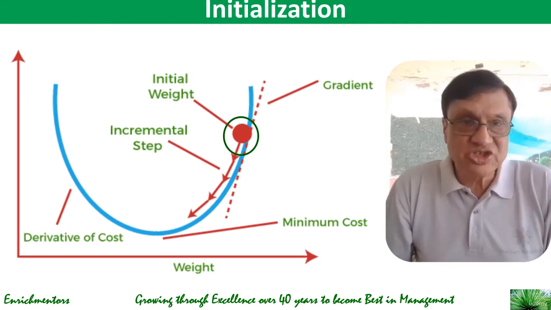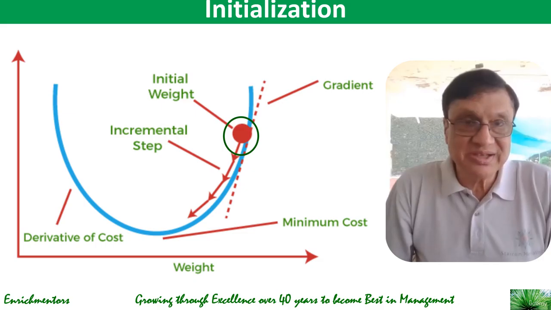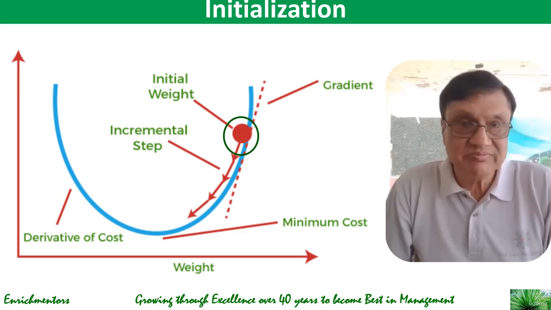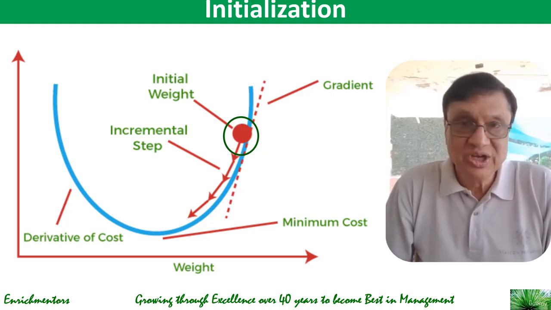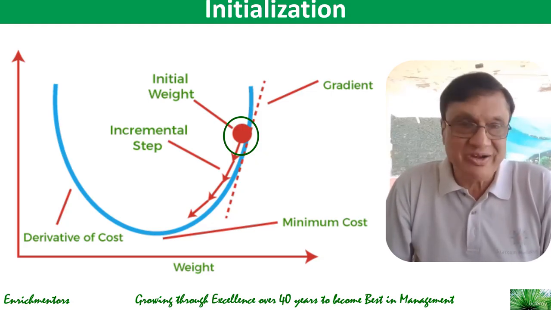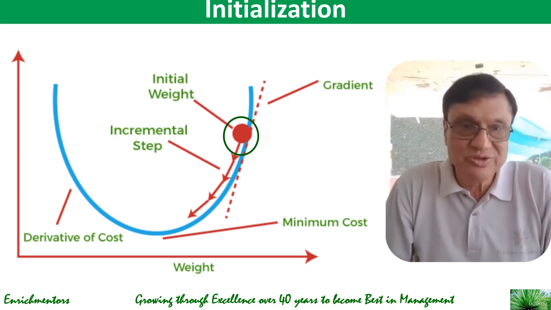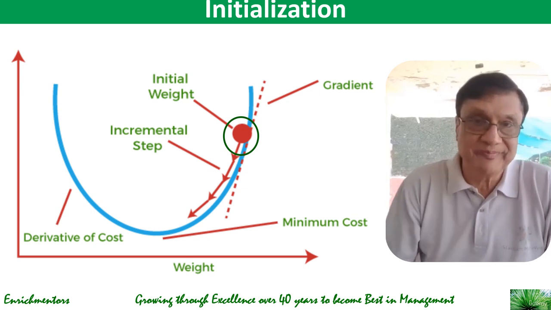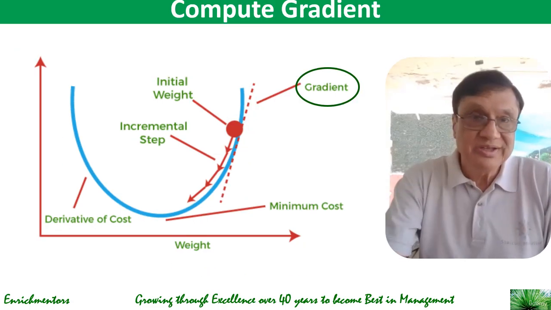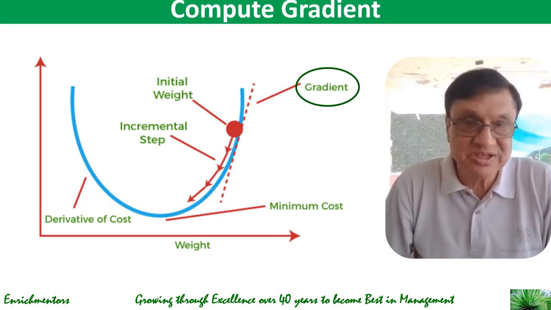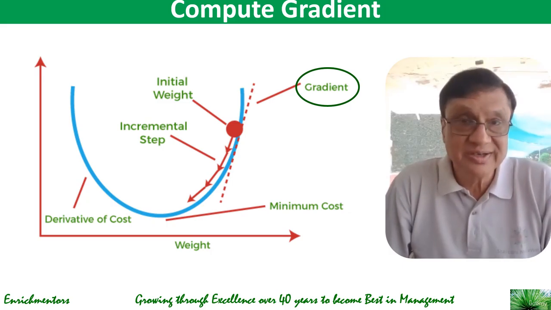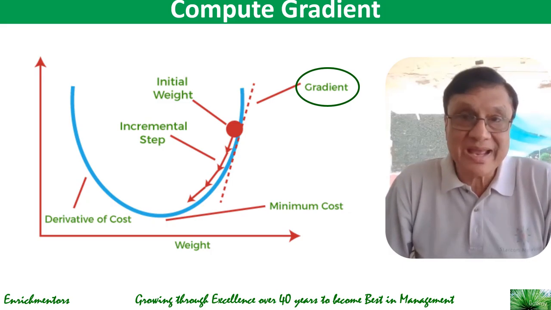It starts with initialization. You start by initializing the parameters of the model as you see here. You start with the initial weights and biases, based on your best informed decision, either predefined values or randomly chosen values. So you have a starting point. Then you calculate the gradient of the loss function or the cost function, which is seen by the dotted line here, with respect to each parameter in the model.